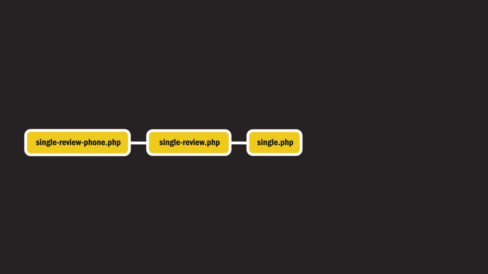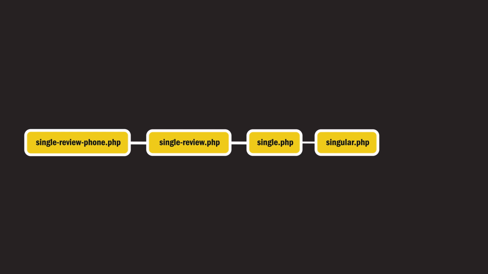Then WordPress will look for the single.php file in the template hierarchy. And if single.php does not exist, WordPress will then fall back to the singular.php template file. We use the singular.php template file for posts and pages.